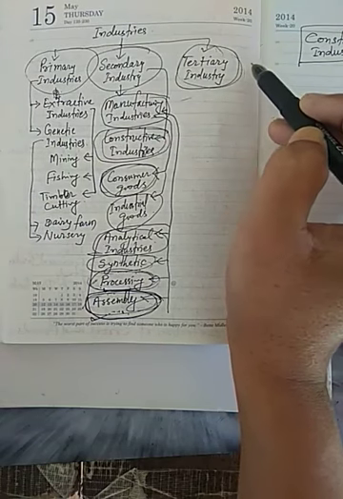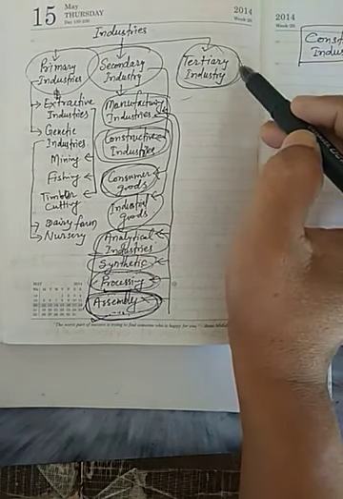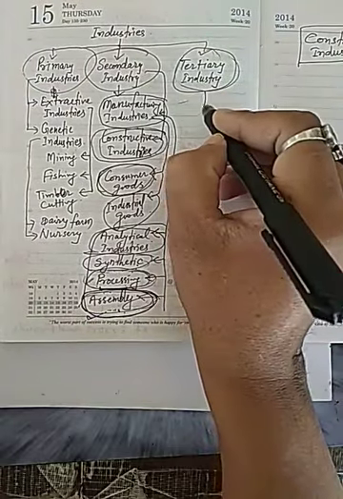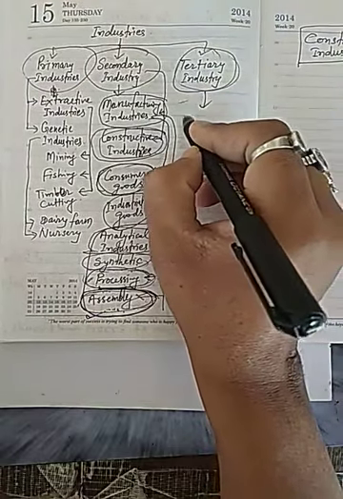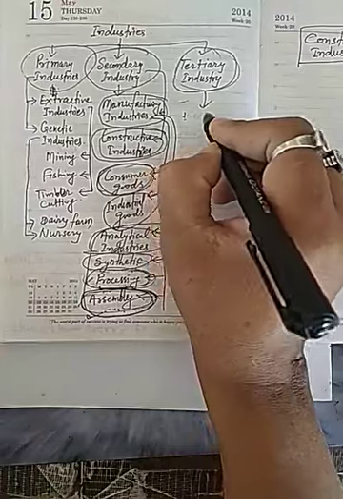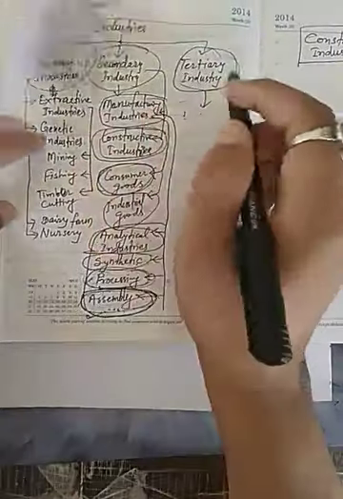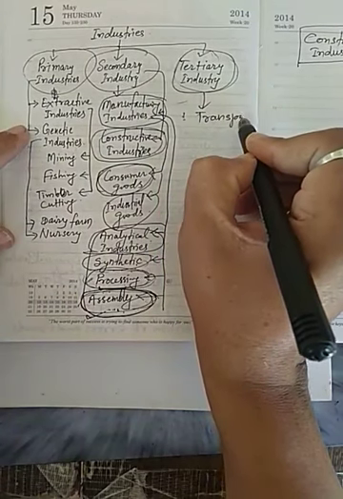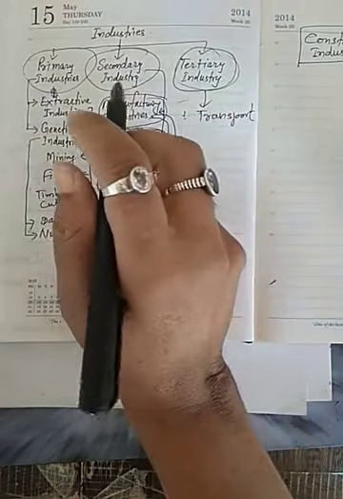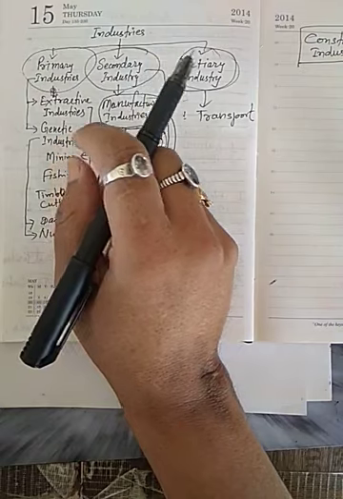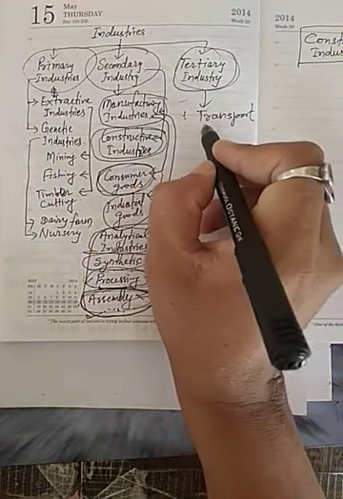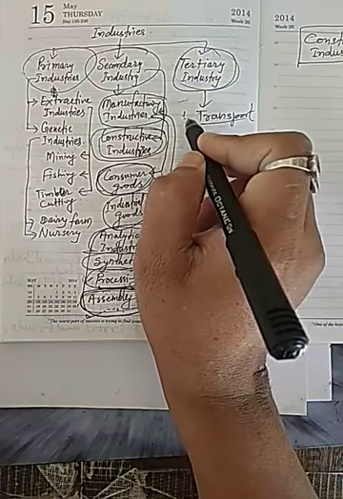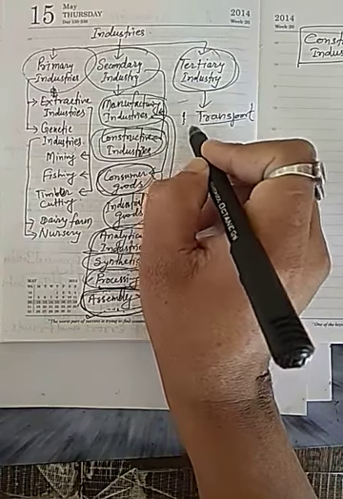The various types of services are provided by tertiary industries. First is transport. It facilitates movement of goods from one place to another place.